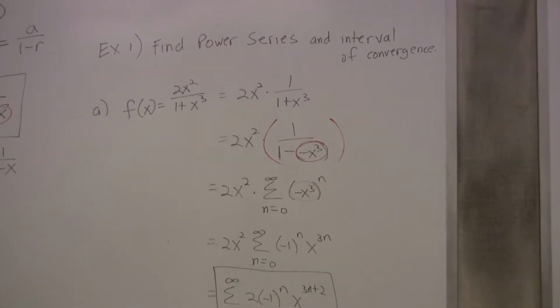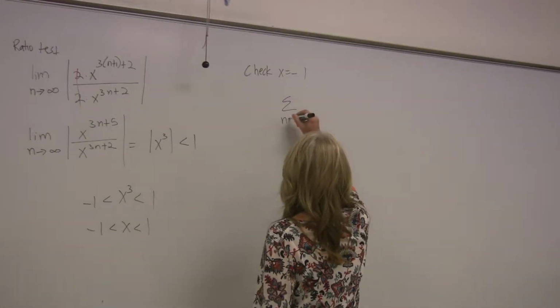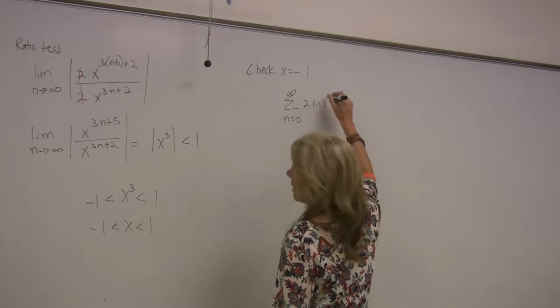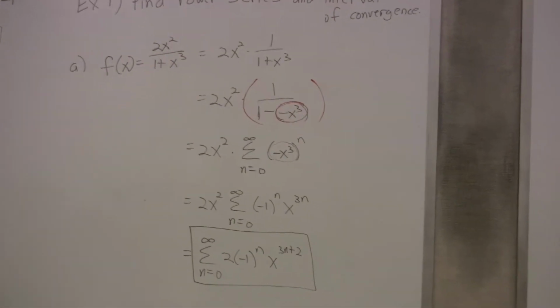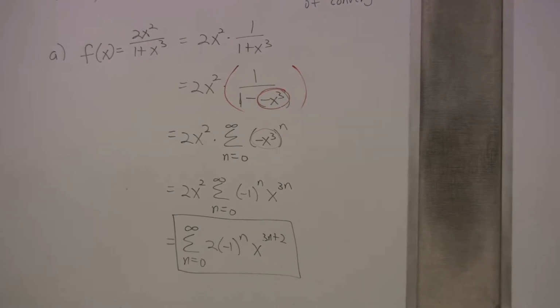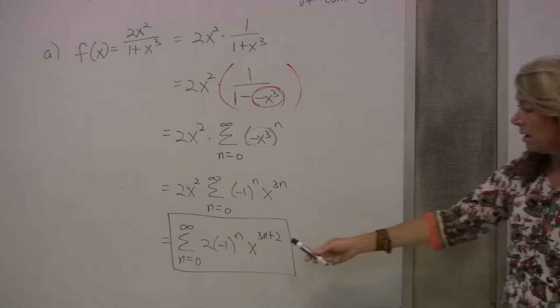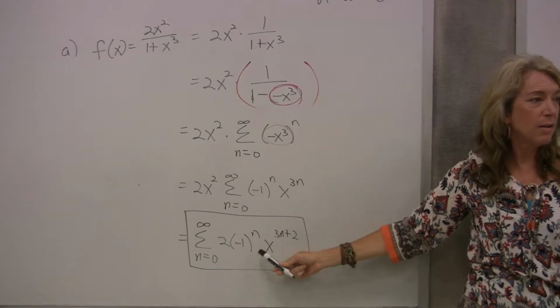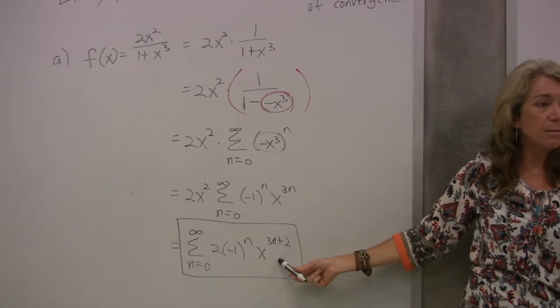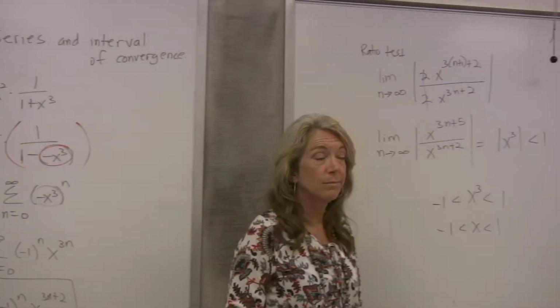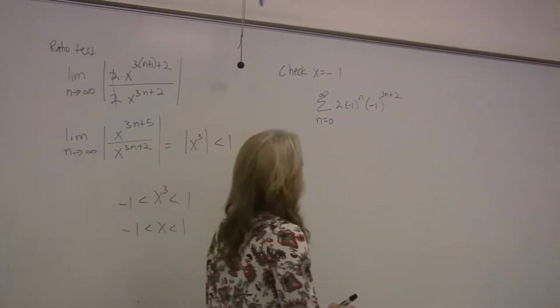So when I plug that in, I get 2 times -1 to the n times -1 to the 3n plus 2. I recopied this first part and then just put the -1 in there for my x. Simplify it. Don't assume it's alternating. It may or may not be.